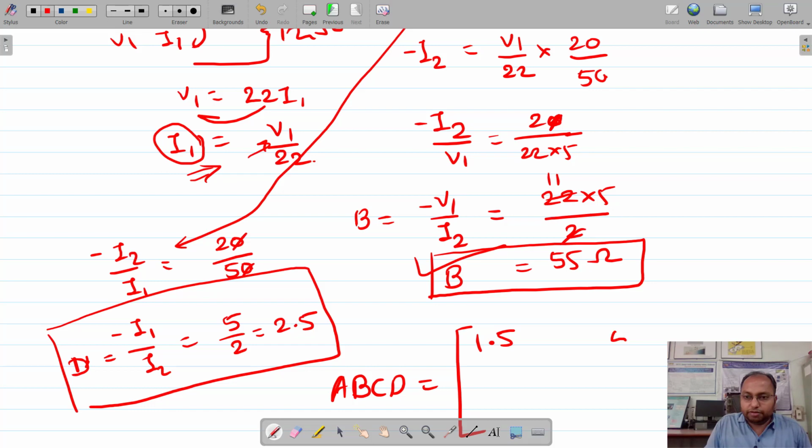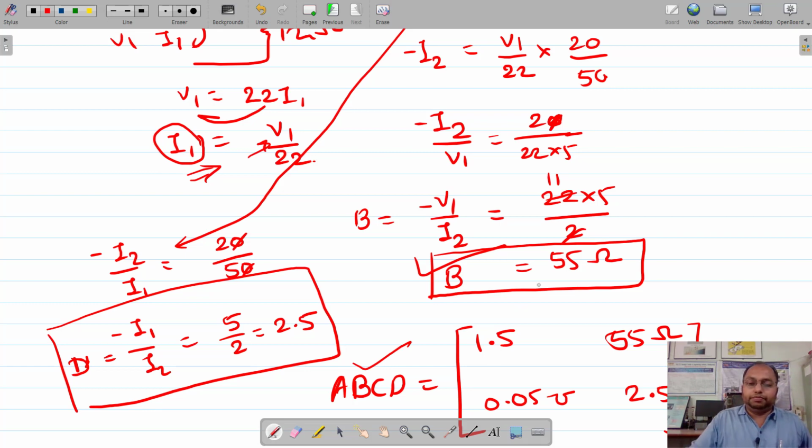B is 55. What is C? C was 0.05. Yes, and D is 2.5. So likewise, you can find out ABCD parameters for the given network. Okay, thank you.